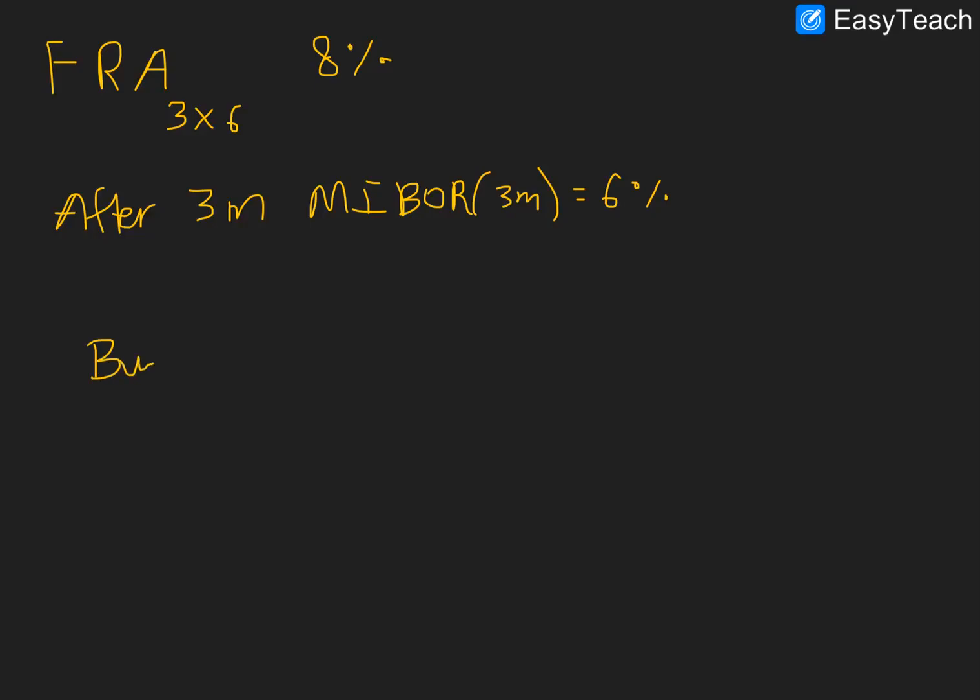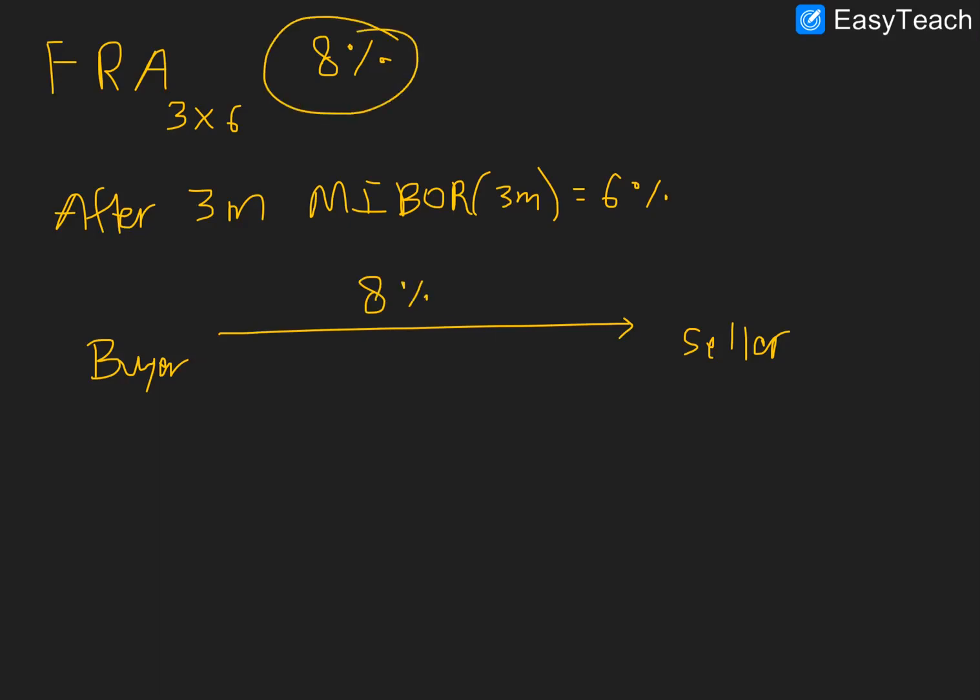So if you just say buyer of FRA and seller of FRA, the buyer has agreed to pay fixed. Fixed means it was agreed earlier at 8% and he was supposed to receive MIBOR. So basically he is going to pay 8% and he is going to receive MIBOR, which is 6%.